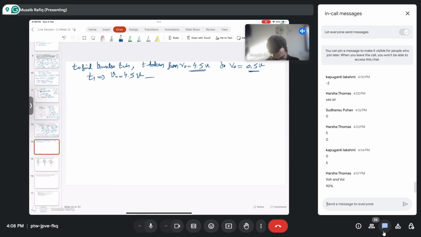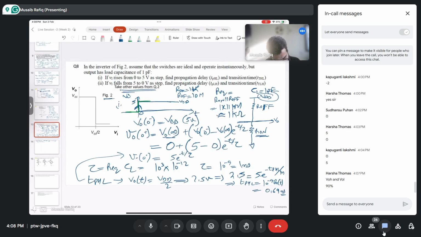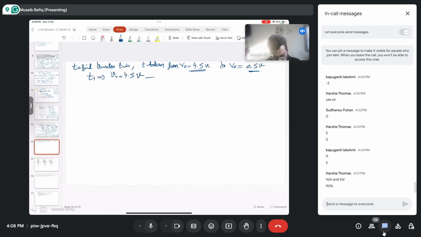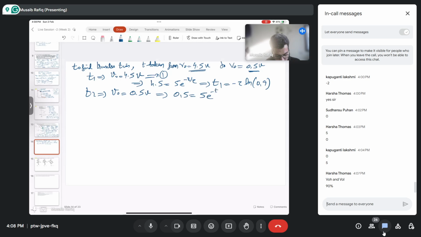We'll plug this value in equation 1. So 4.5 is equal to 5 into e raised to the power minus t by tau. That implies T1 is equal to minus tau ln of 0.9. T2 is when V0 equals 0.5 volts. That implies 0.5 is equal to 5 into e raised to the power minus T2 by tau, so T2 is equal to minus tau ln of 0.1, right?